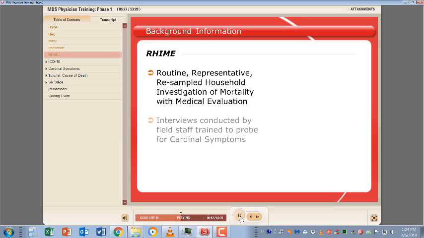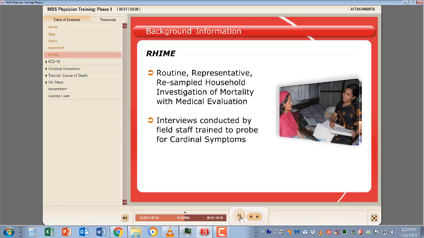The staff is trained to probe for cause of death information by asking a series of structured questions about the major or cardinal symptoms present during the time of illness.